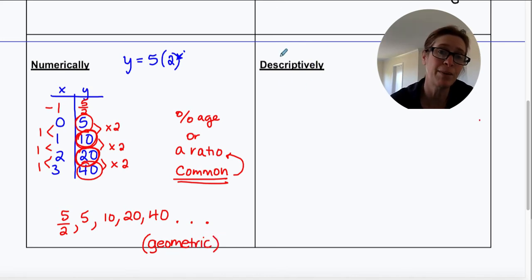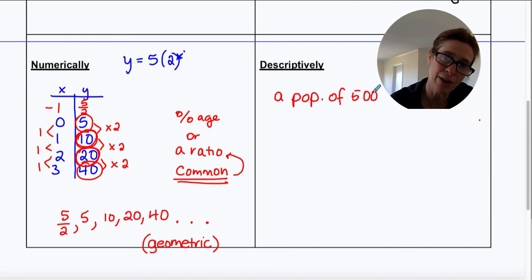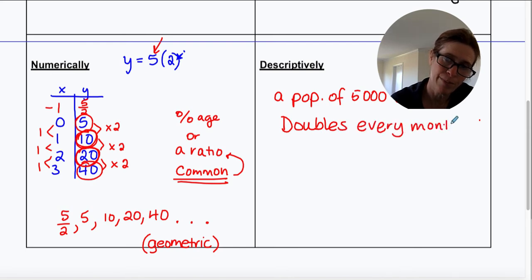Effectively, we could say maybe something like this: a population of 5,000 bees doubles every month, where x is months and y is the total population.